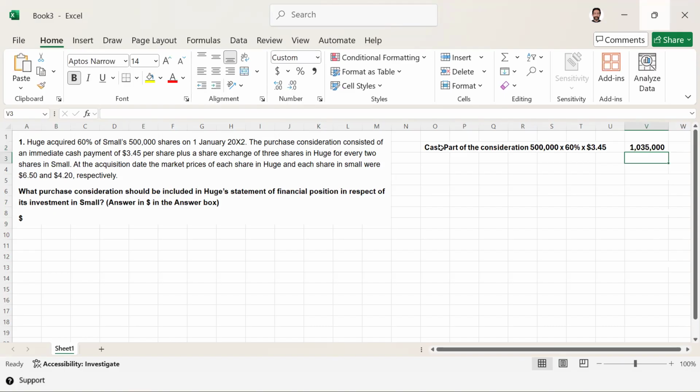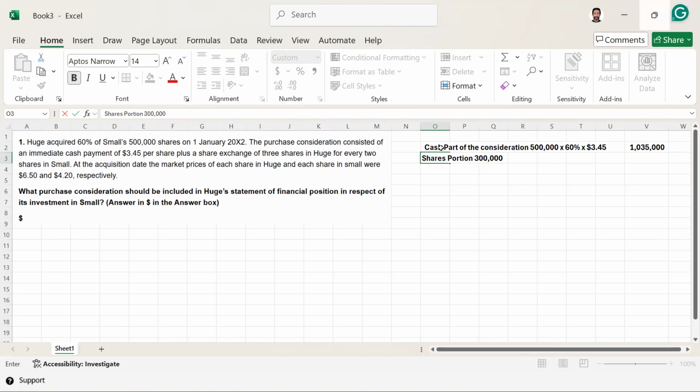This is the amount of cash that they have paid, and then there is the shares portion. We have these 300,000 shares, and for every 2 shares of Small, we will give 3 shares of Huge, and then we multiply by the share price of Huge, which is 6.5.